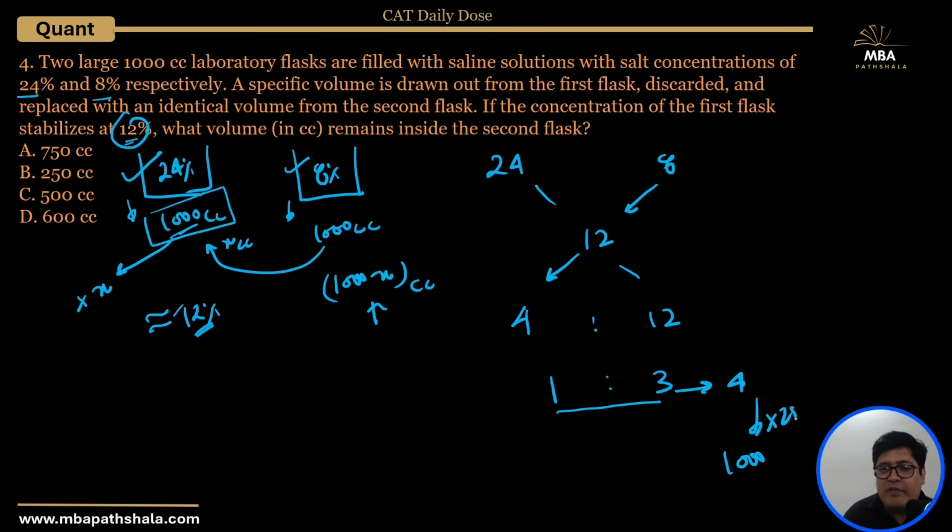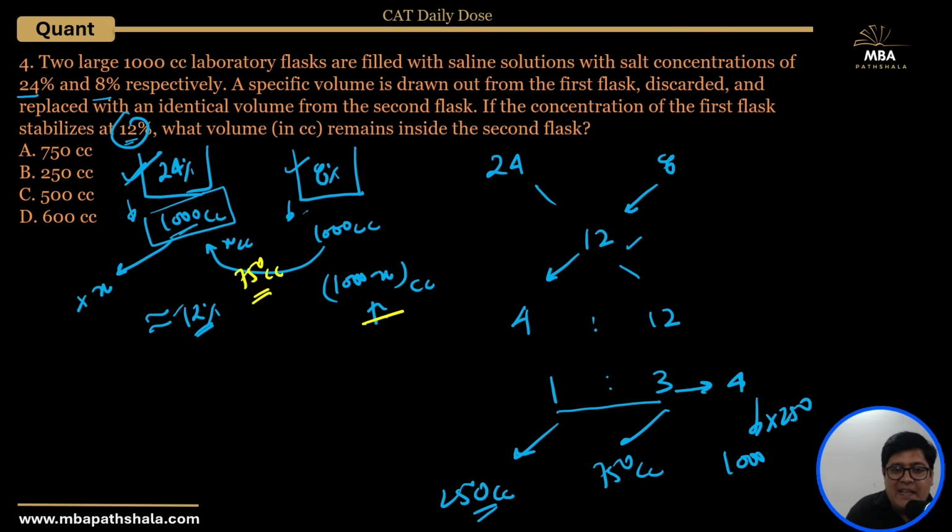That means 250 times. That means 250 cc of this and 750 cc of this when combined will create this. So if you have 750 cc here, how many cc's are left here? 250 cc's are left. That is your answer.